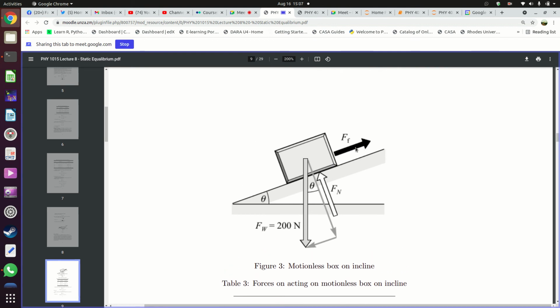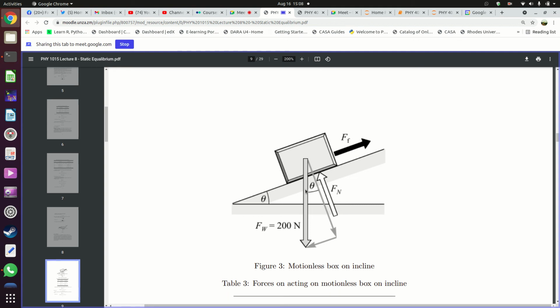So if this is 0, then this one pointing up is going to be 90. Then I'm going to end up measuring like this up to here.